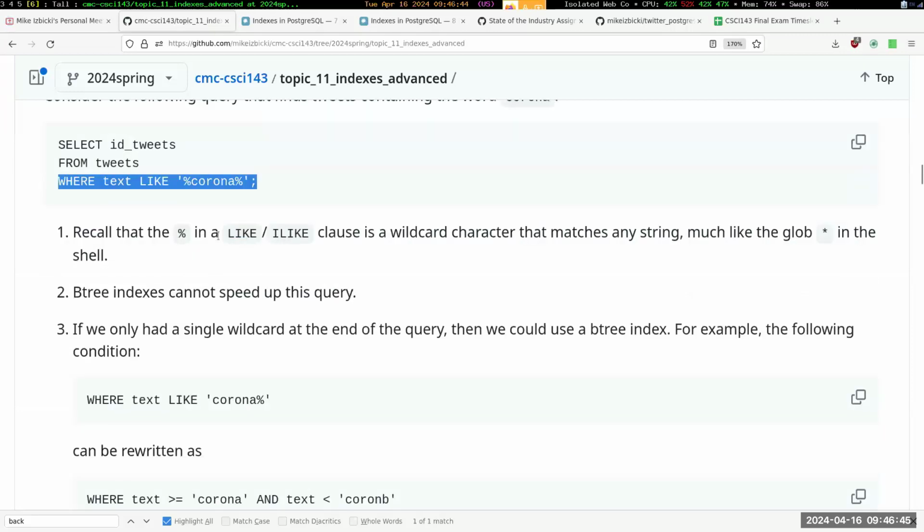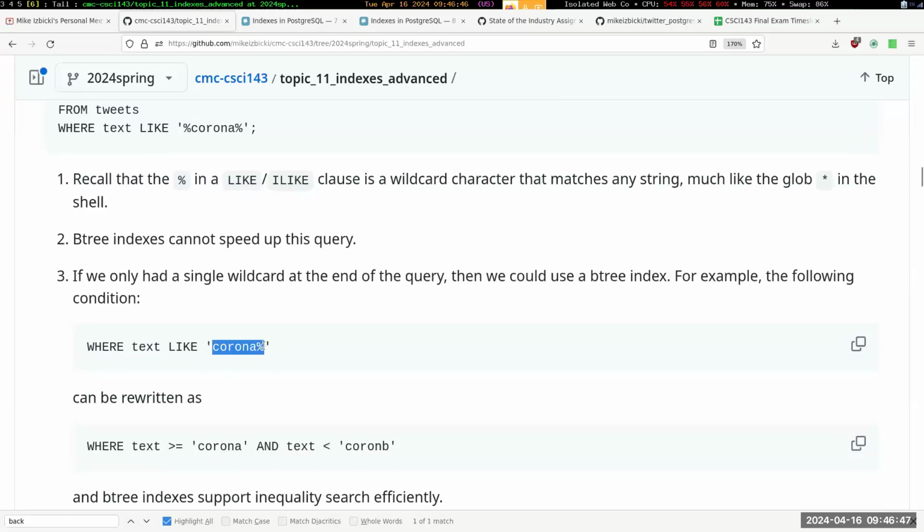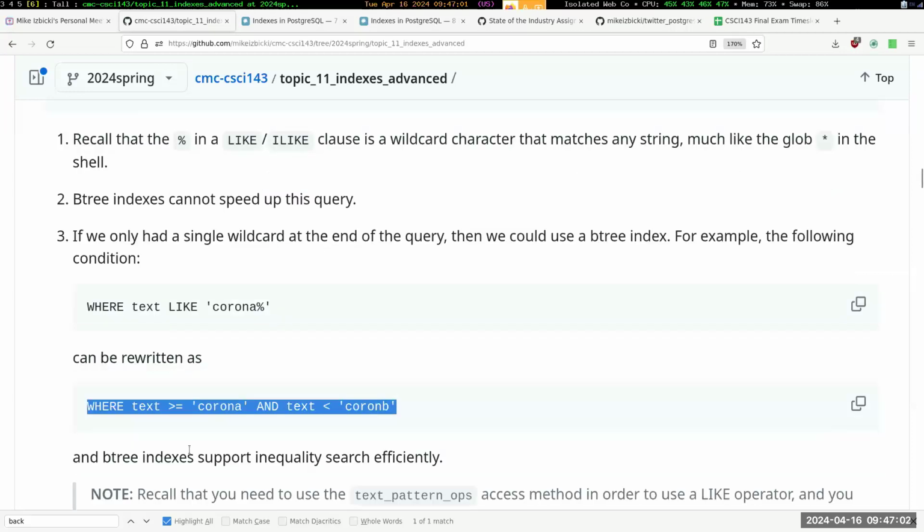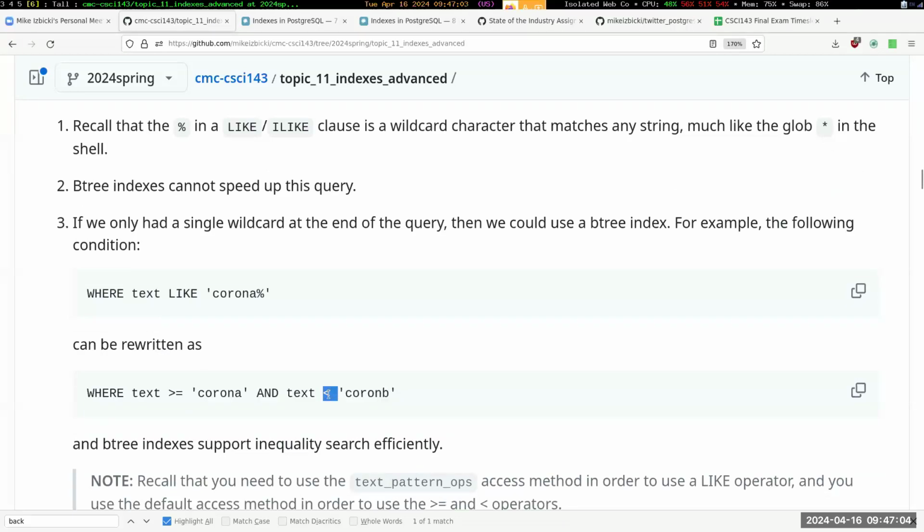In your lab, you saw that B trees can speed up a query like this, where the percent sign is only on one side of the LIKE operator, so something like corona and then percent. And the reason it can speed up things like this is that this is essentially equivalent to a less than operation combined with a greater than or equal to operation.